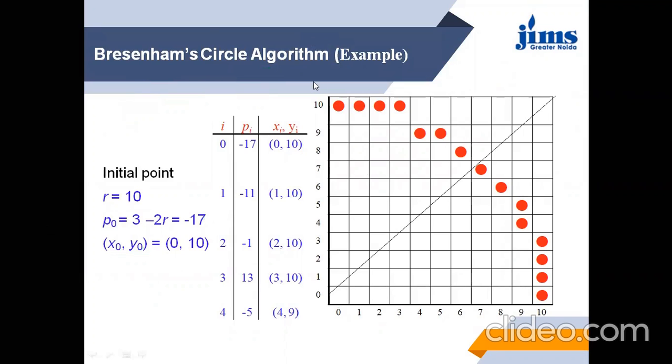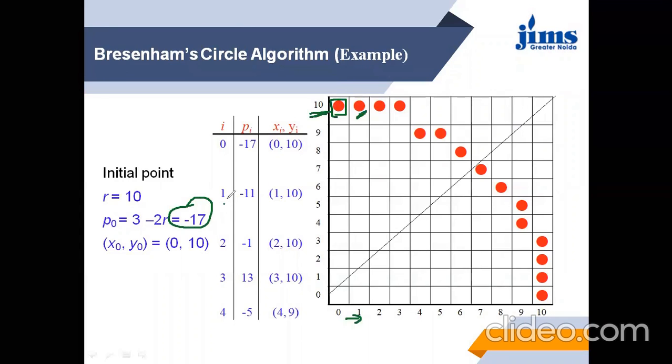You can check from here that this one is the first pixel we draw, and for the next pixel the value of x increases once, from 0 to 1, and because this is less than 0, we have to choose yk plus 1 equals to yk, and yk equals to 10.